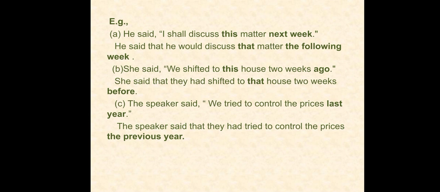She said, we shifted to this house 2 weeks ago. She said that they had shifted to that house 2 weeks before. See, the speaker said, we tried to control the prices last year. The speaker said that they had tried to control the prices the previous year.